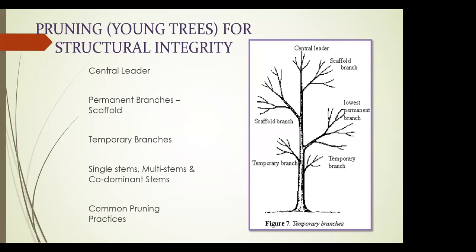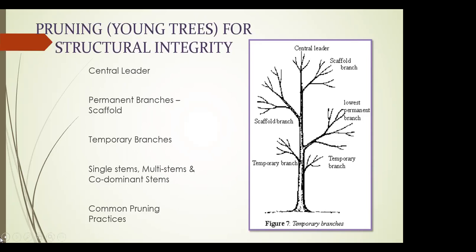Anything that's not permanent is a temporary branch. It only lists them here on the bottom of the tree. Those are temporary branches below the first permanent one, but there are temporary branches up through the tree. Later on, we will remove temporary branches and just have the permanent branches with laterals on them, secondary and tertiary branches coming off the scaffold limbs.